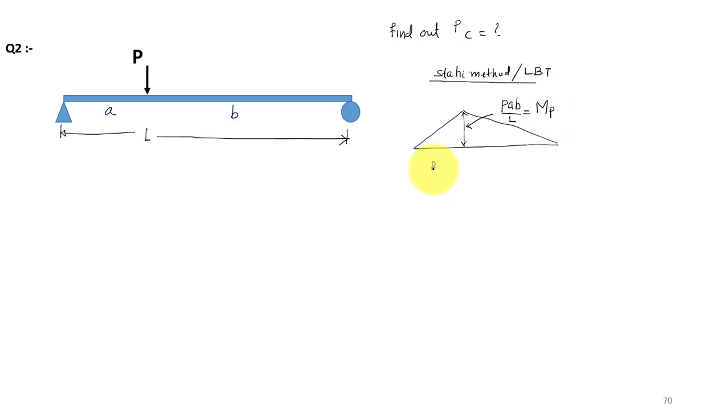This is the bending moment diagram at the plastic state. From this equation we can find the ultimate load or collapse load, that will be equal to MP L by A B. This is my answer.